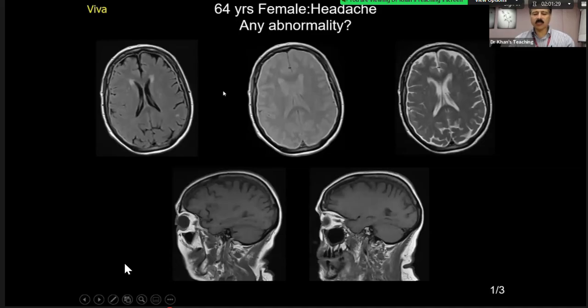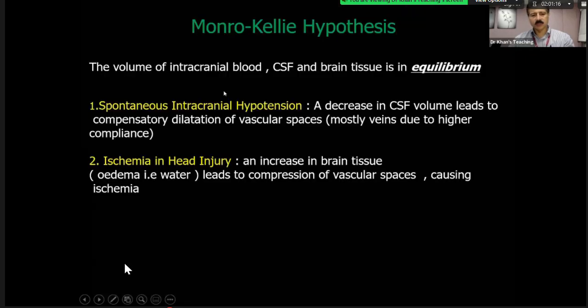Now, intracranial hypotension, we call it spontaneous intracranial hypotension, is an important case for the exam. So what happens there? If you see this slide here, and you can take a picture of this, the Monro-Kellie hypothesis.